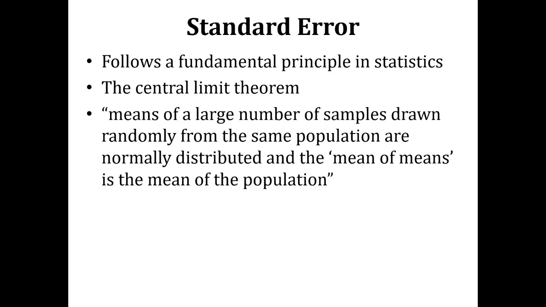And it states that means of a large number of samples drawn randomly from the same population are normally distributed, and the mean of means is the mean of the population, right? So here, what we are talking about is the mean of means, which we can say is the grand mean.